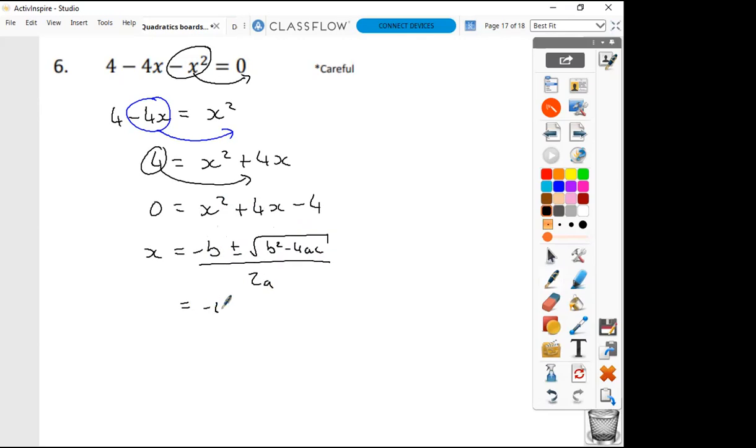So negative b would be -4 plus or minus root of 4 squared minus 4 times 1 times -4 over, oops, 2 times 1.